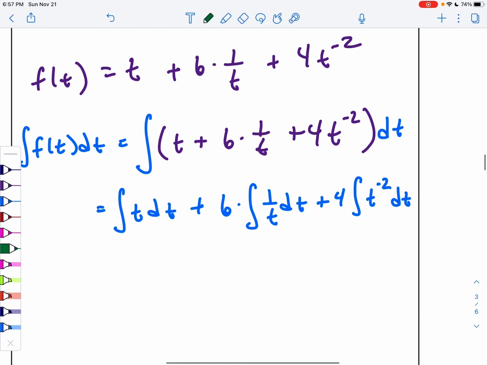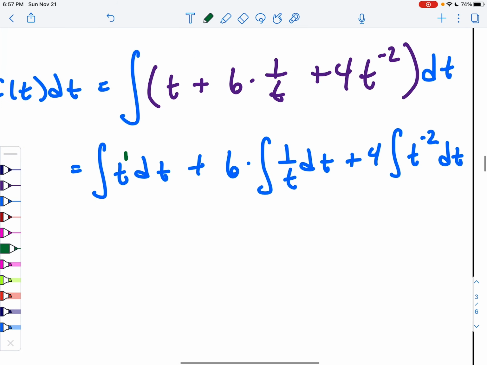We can look at the t as t to the first power, and I'm using my power rule in this instance. I'm finding the antiderivative with respect to t, and t is my base to a number, so I can use the power rule. I can add 1 to my exponent and divide by that 1 plus 1. I have plus that constant.